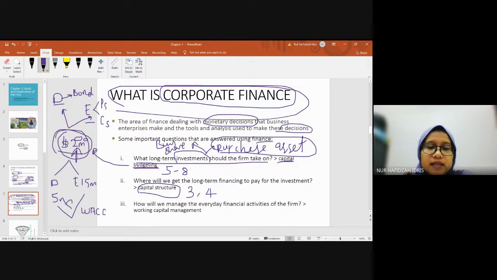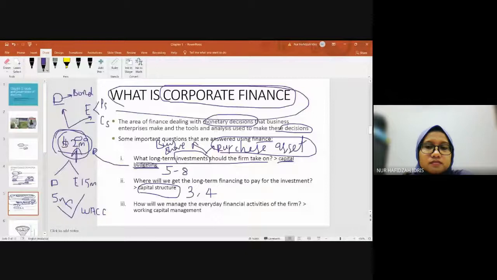So financial activities of the firm, this is about managing the working capital management. So how will we manage the everyday financial activities of the firm? This is about working capital management, which involves the cash conversion cycle and the inventory management and so on.